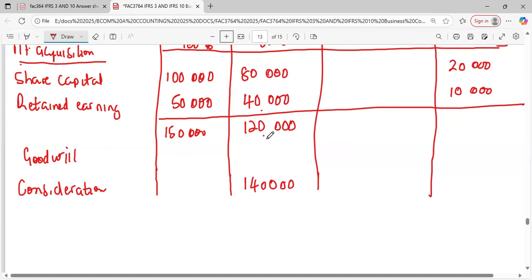The equity is 120,000, and then the consideration is 140,000. So the difference between the two is going to create a goodwill. If this equity was more than the consideration, then it was going to create a gain on purchase. So in this case, the equity value is less than the consideration. So the difference is going to be goodwill.